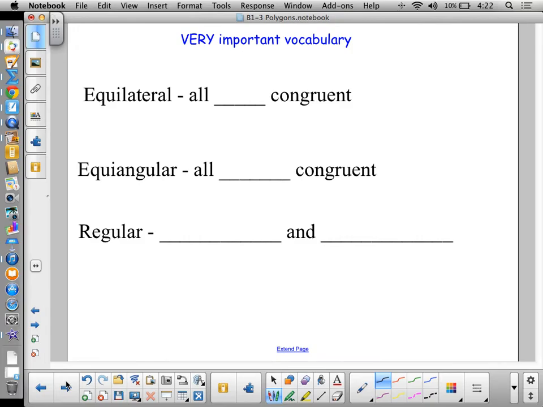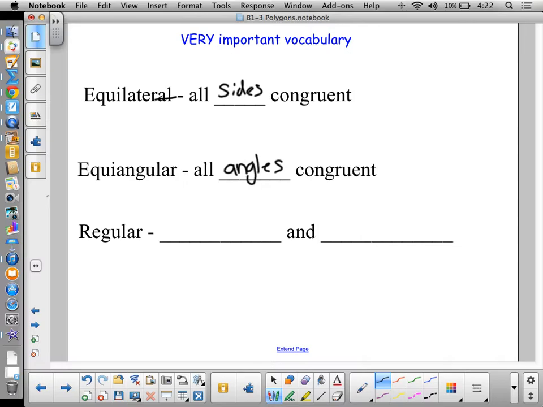Very important vocabulary right here. Stuff you probably, again, want to copy down into your notes. Equilateral. Pretty easy to understand why. Equal meaning equal, lateral. Lateral means sides. So all sides are congruent. Equiangular, even easier. Angular, all angles congruent.